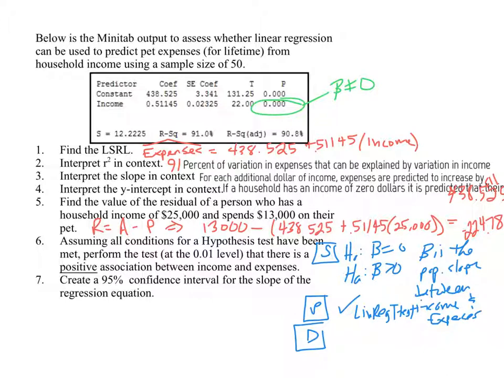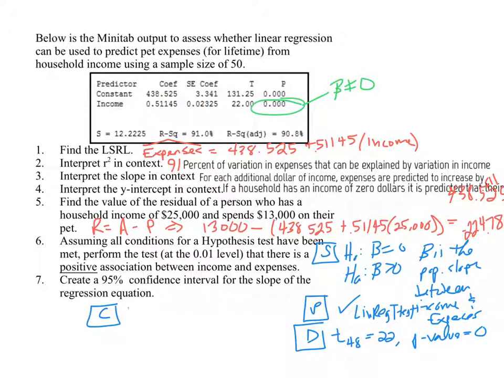The one thing we have to modify here is that we've got a t-statistic and we've got to write degrees of freedom. We had a sample size of 50, so we have 48 degrees of freedom. Remember, for lines, it's always 2 less. So our t-statistic was 22. Our p-value is 0.